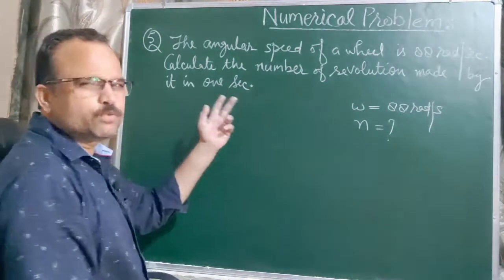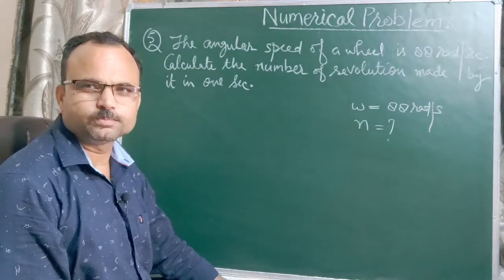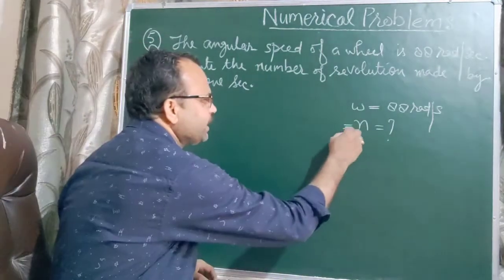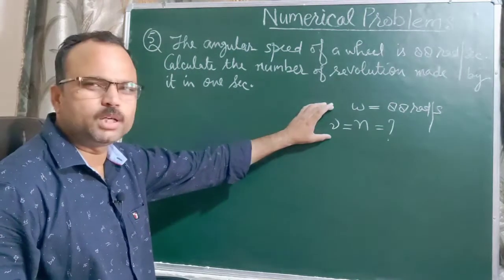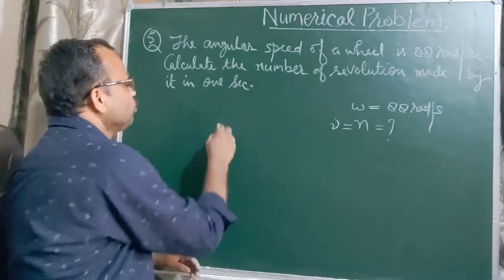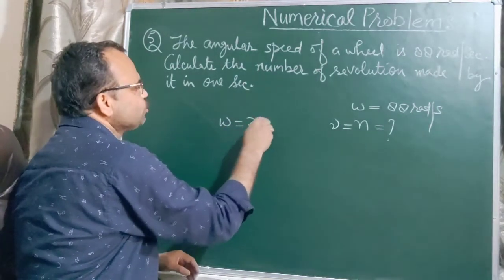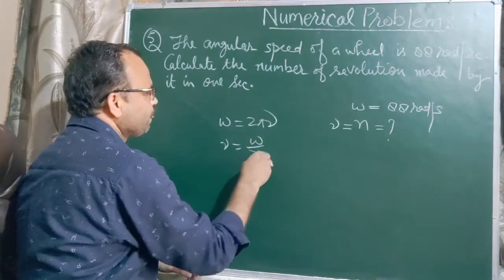In 1 second. So as we know that the number of revolutions completed in 1 second is known as frequency. Or we can write here nu, because the standard symbol of frequency is nu. So we can denote it by n also. So omega equals, the formula is 2 pi nu. So nu equals omega upon 2 pi.